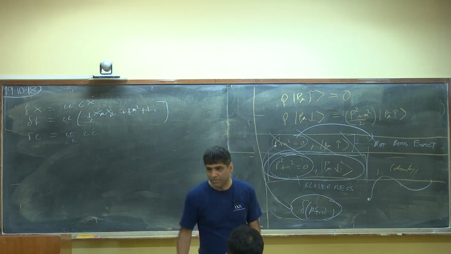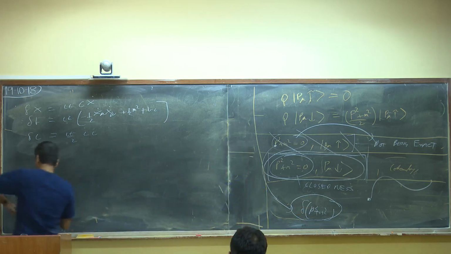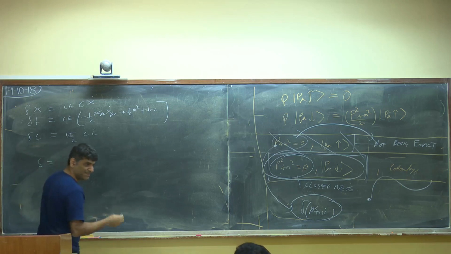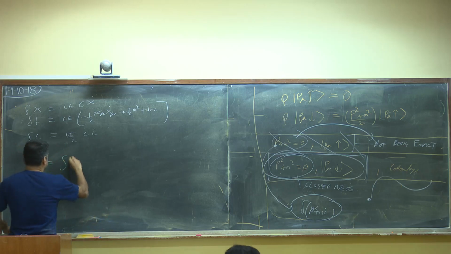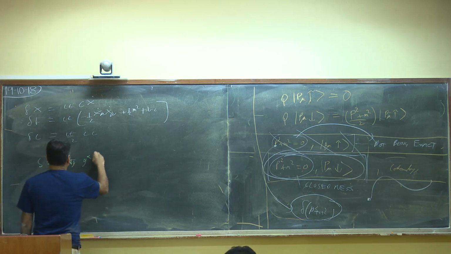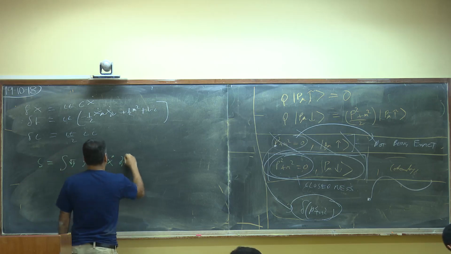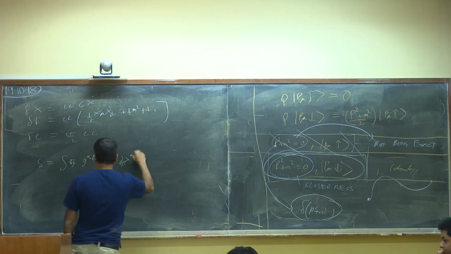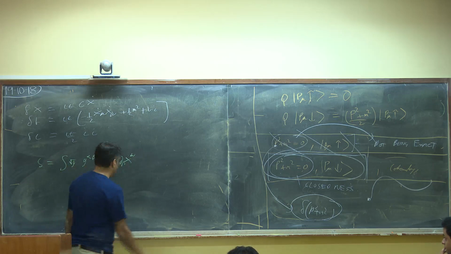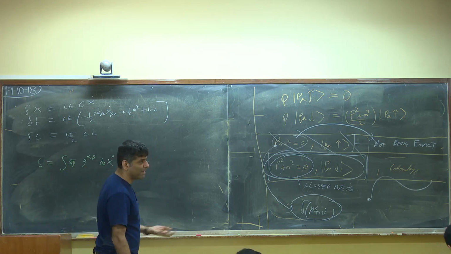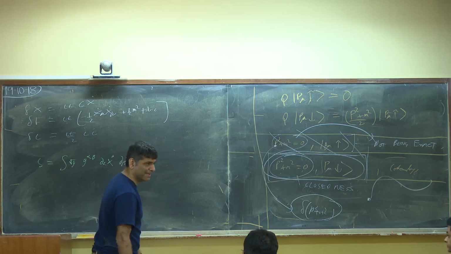Okay, so what you would do would be to take your action, which is the off-shell action. So you would have the integral of square root g, g alpha beta del alpha x mu del beta x mu. Then you would have the gauge fixing for which you had a Lagrange multiplier.